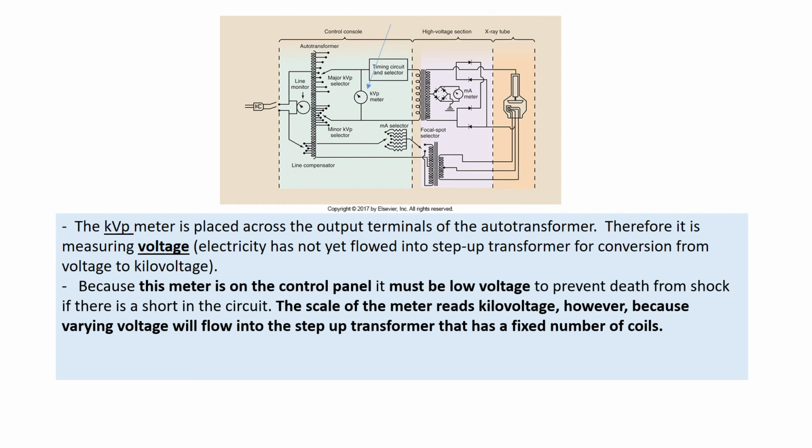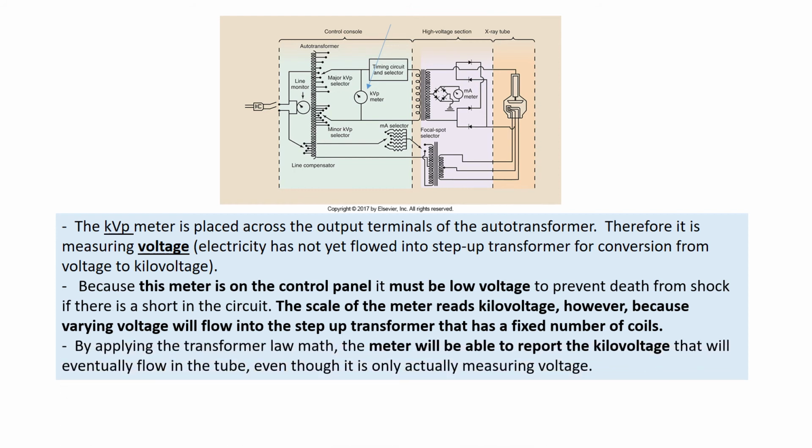However, because the varying voltage will flow into the step-up transformer, which has a fixed number of coils, by applying the transformer law math, the meter will be able to report the kilovoltage that will eventually flow in the tube, even though it is only actually measuring voltage at that point.